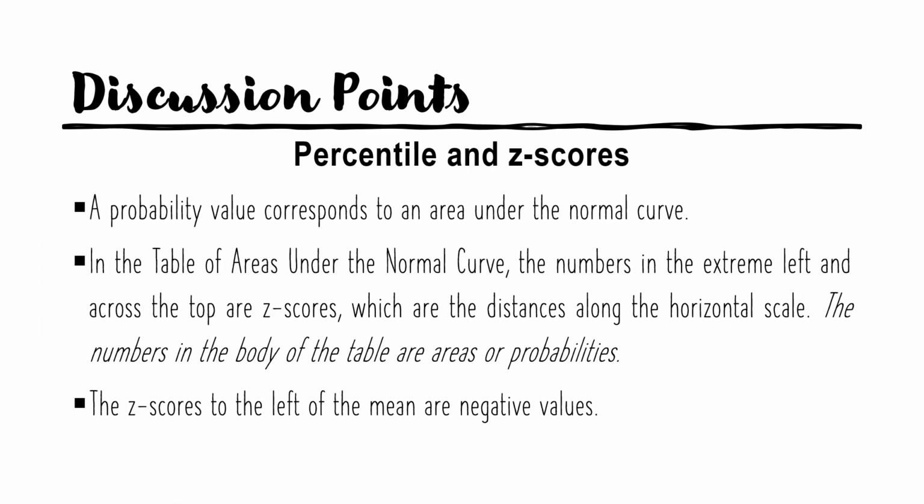As part of the discussion points, let's relate your percentile to your z-scores. A probability value corresponds to an area under the normal curve. Yes, it is, because simply the area under your normal curve will represent your probabilities under your probability distribution.